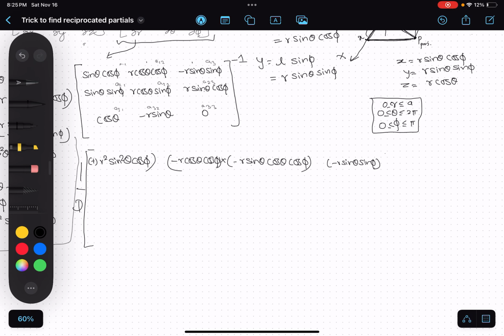So that means minus r sine phi only. Minus r sine phi only. Okay, wow, that was nice. Next one. Here it was a plus sign, so it doesn't matter. Now it is a minus sign, right? So minus sine theta sine phi.